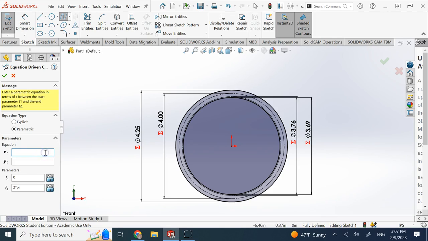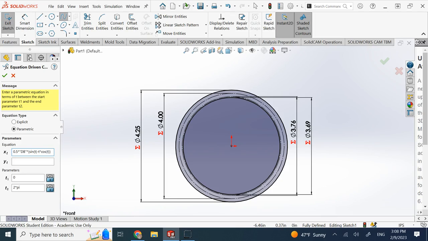And here the horizontal variable, as I showed you, is equal to 0.5 times the diameter of the base circle. Now let's see if it recognizes the diameter of the base circle, times sine of t and then minus t times cosine of t.